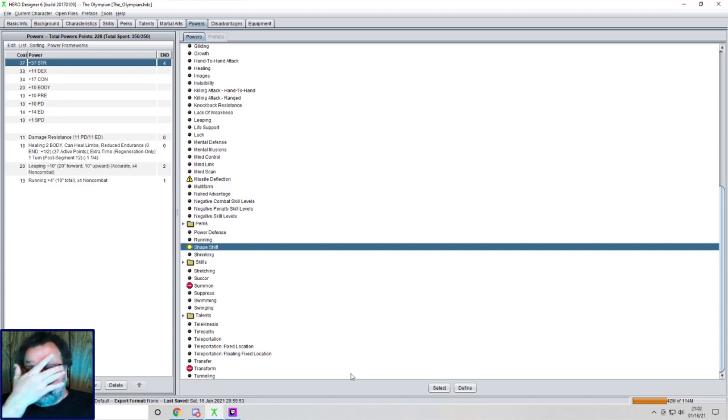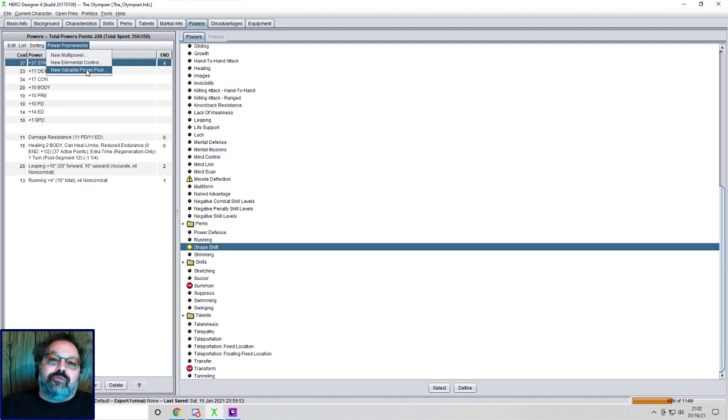And then you would do something like have a variable power pool, one of these power frameworks over here, which I will probably do another episode on each one of those at some point. But there's this nice variable power pool that you can set up to mimic the powers that the animal form you take on has. So if you could just assume any shape, that's the power you want, not multiform.